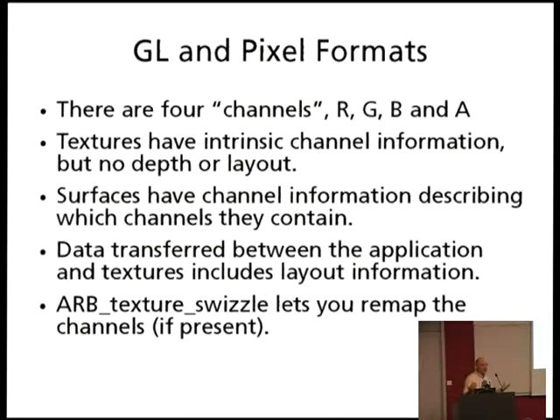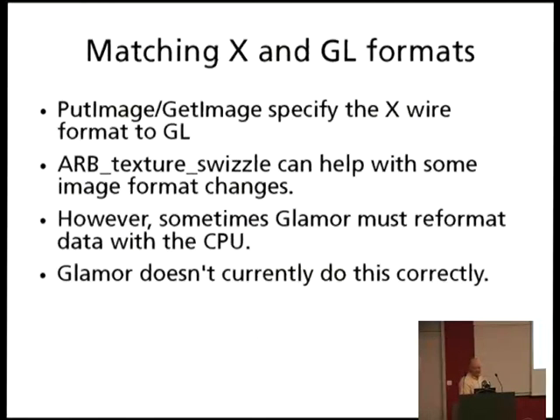It doesn't solve all of my problems because one of the common pict formats that I have these days is 10.10.10.2. And so here I upload 8888 data into a Pixmap, and then I say, oh, I was lying. That's actually 10.10.10.2 data. So what do I have to do for that? Well, oftentimes I have to reformat the data with the CPU.